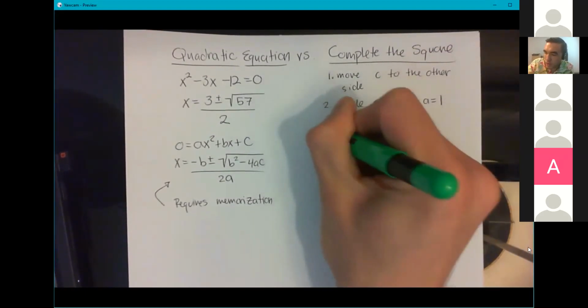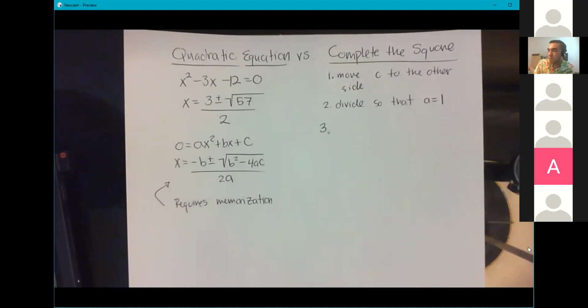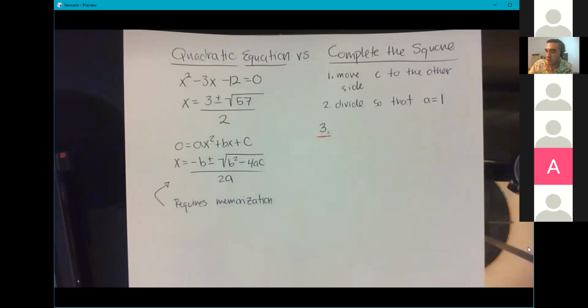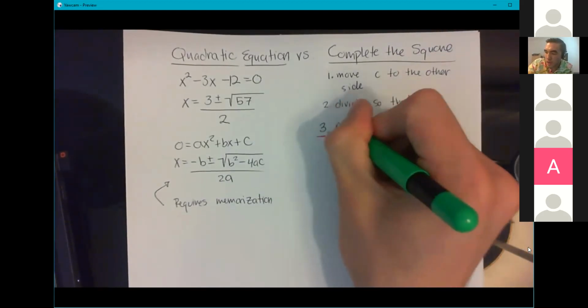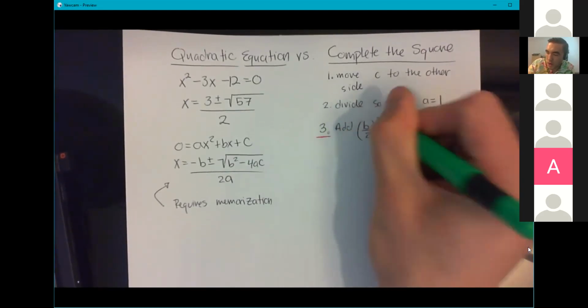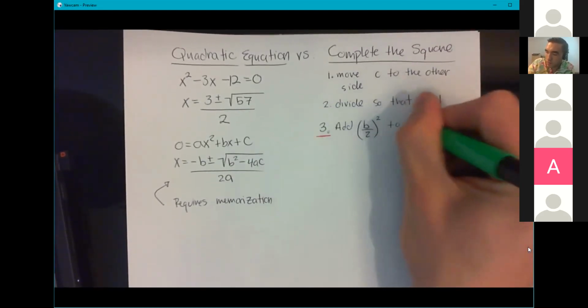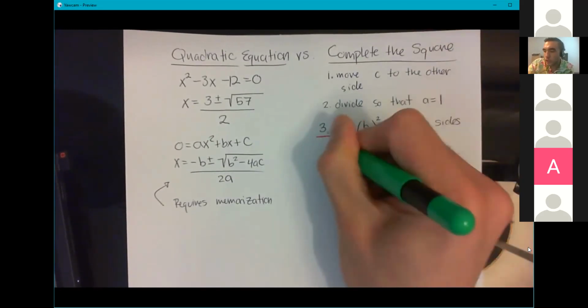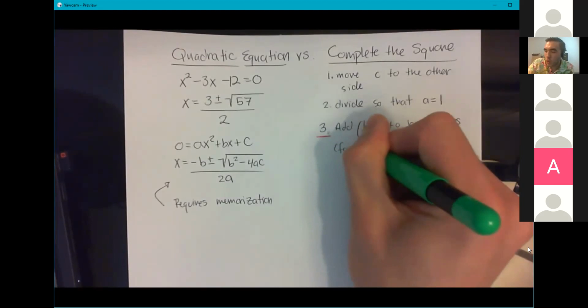Then we are going to, and this is the magical step, this is the step that completes our square and makes this method worth studying at all. We are going to add b over 2 squared to both sides, which forms a perfect square factorable.